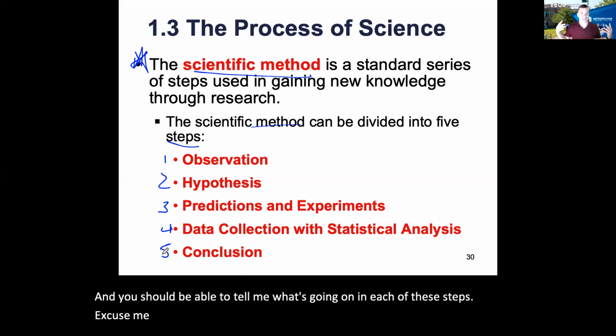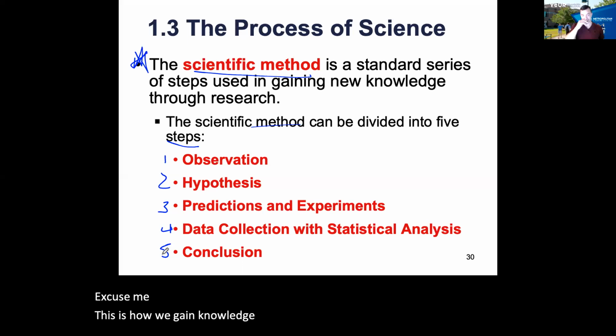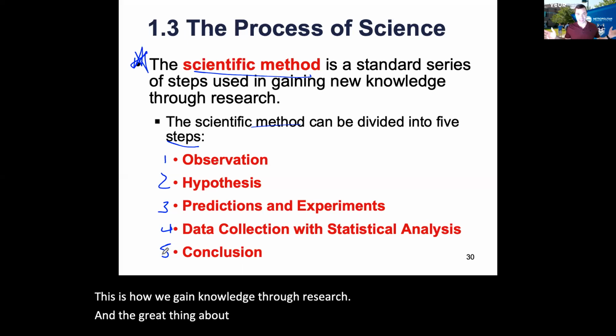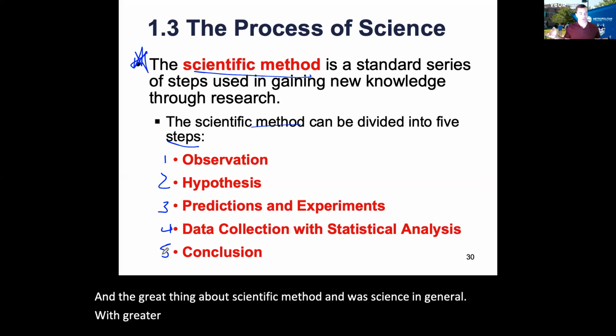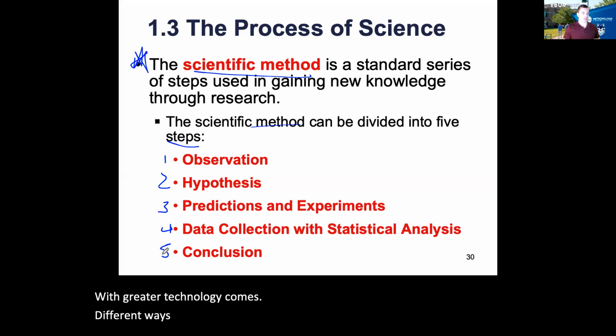This is how we gain knowledge through research, okay? And the great thing about the scientific method and with science in general, with greater technology comes different ways to test and determine how things function, or what causes this, which leads to this, which leads to this.